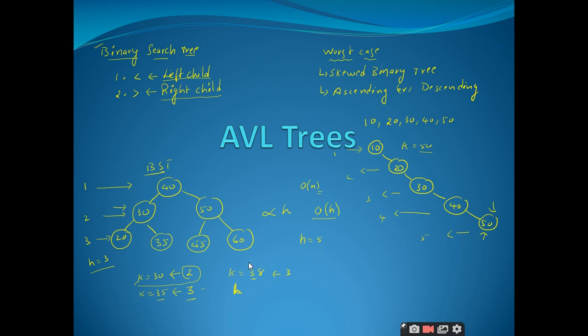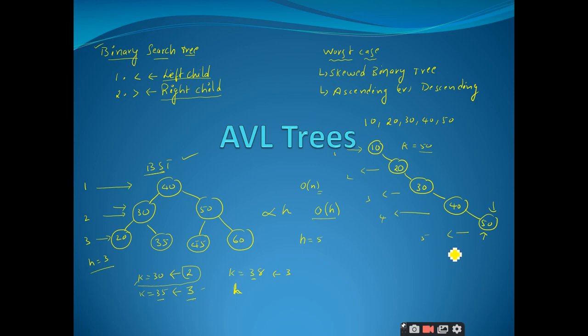So this is the disadvantage of the binary search tree, not this one. So this actually is working perfectly, right. The height is very small, and if you consider the worst case where you are constructing a binary search tree from the elements which are given in the ascending or descending order, that is the worst case analysis of the BST, right.